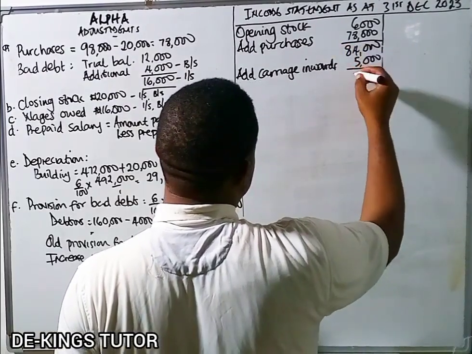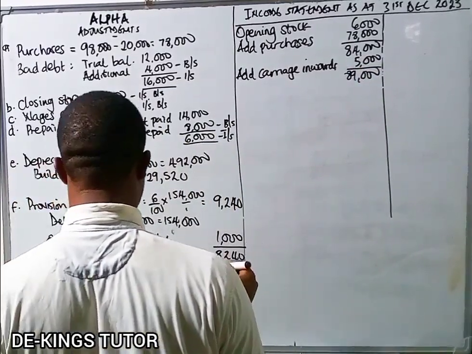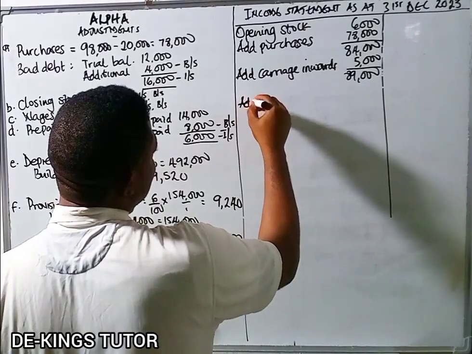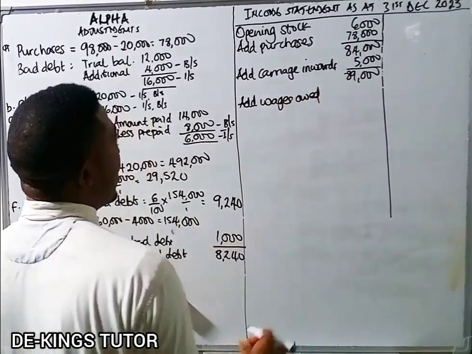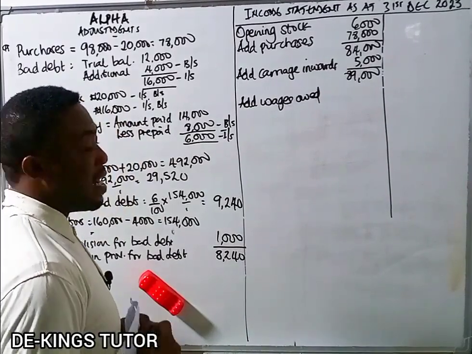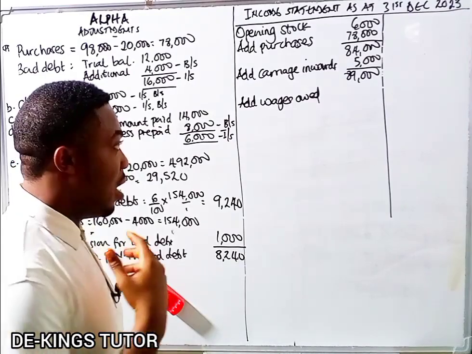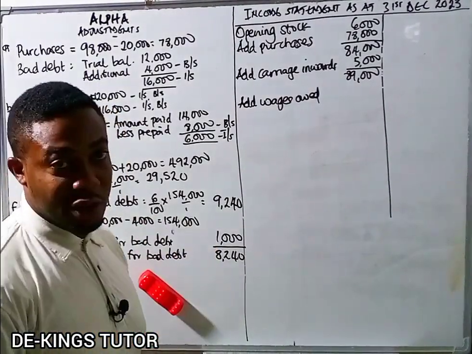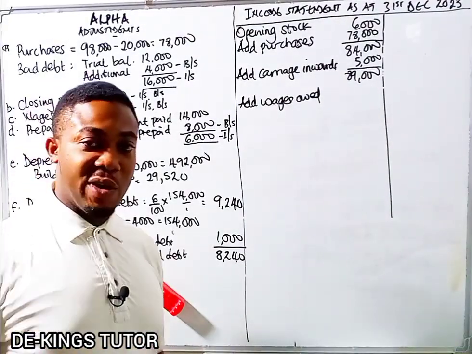So 84,000 plus 5,000 gives 89,000. Okay, so when I say add, wages is always added once it is separated from salary. The aspect of this lecture necessitates that you add wages if it is different from salary.